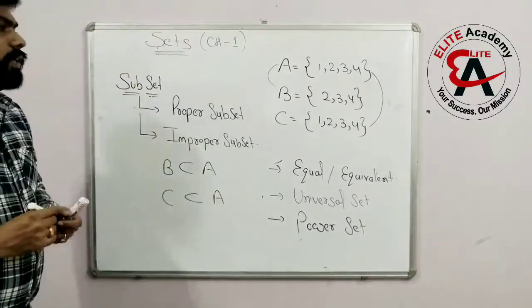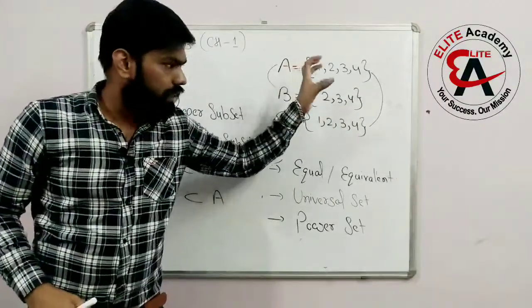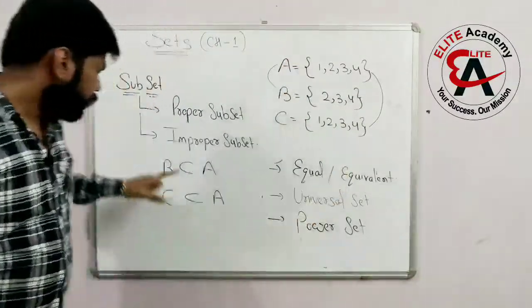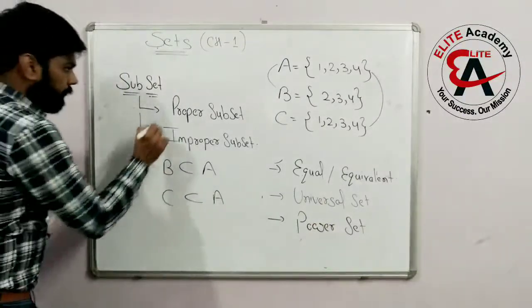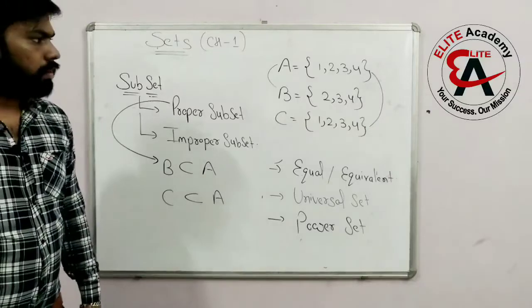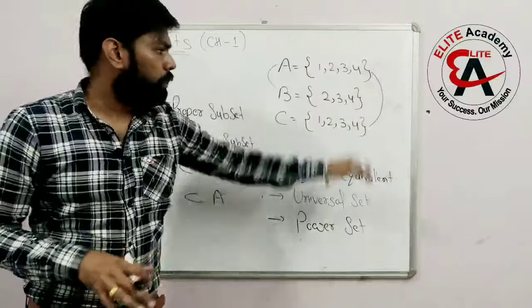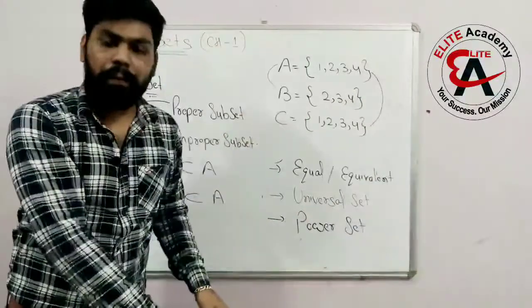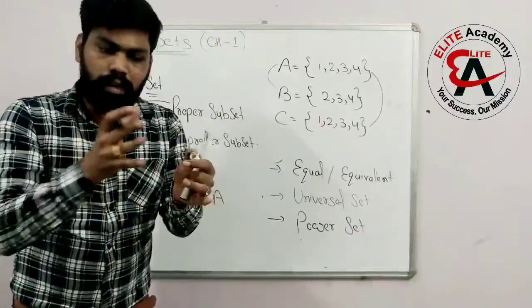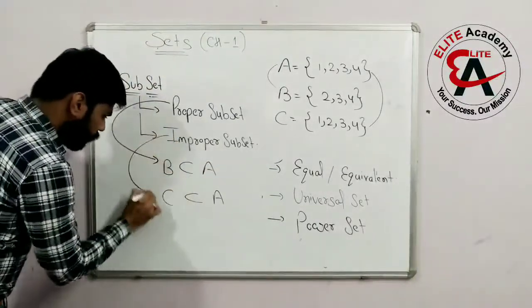But there is a difference in naming. This is a proper sub part: a small part was taken to make it. So this is called a proper subset. But here, we are saying subset, but actually we picked the whole set, not actually a small part, it is equal to A. That is called an improper subset.